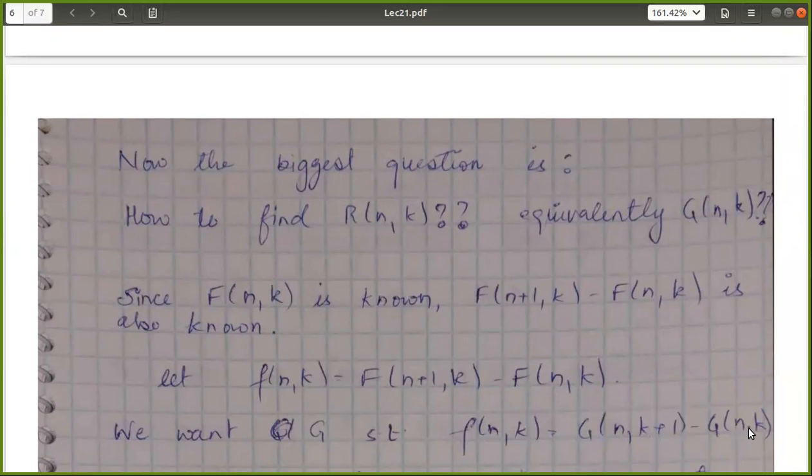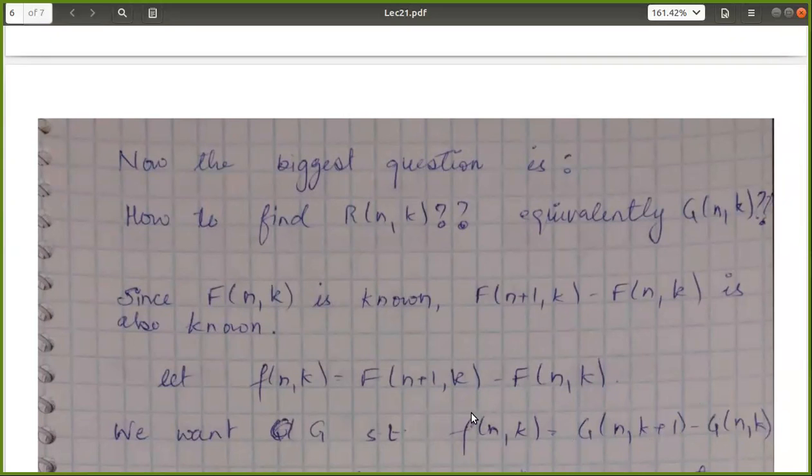Here k plus 1, here k. But n remains the same for all of them. So n does not really change for different values of k, only k would change here. So n is working as a silent parameter. It does not change in the entire equation.